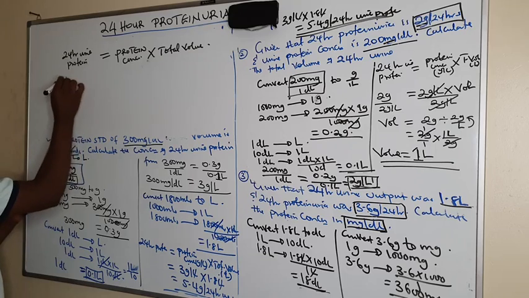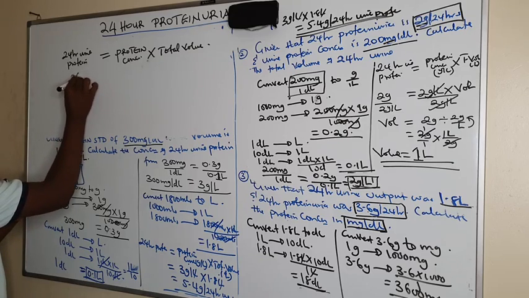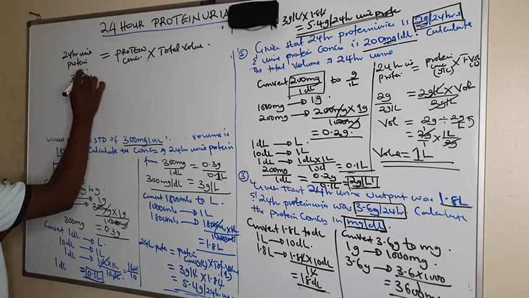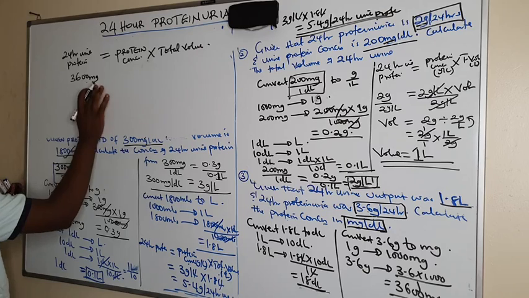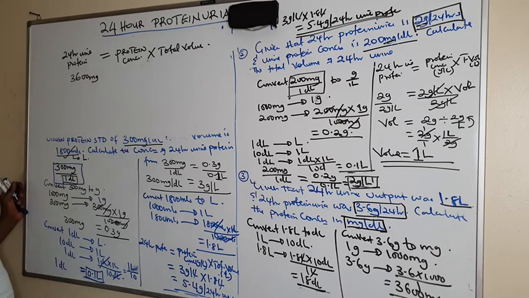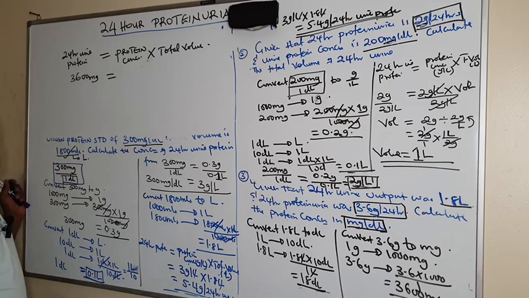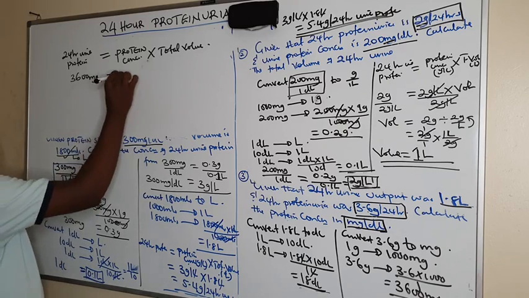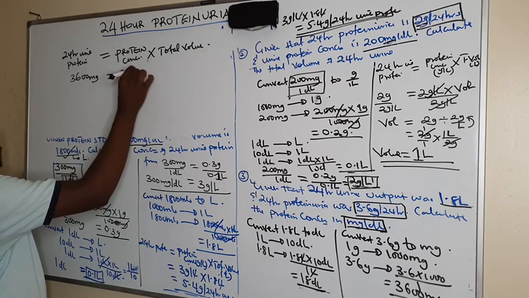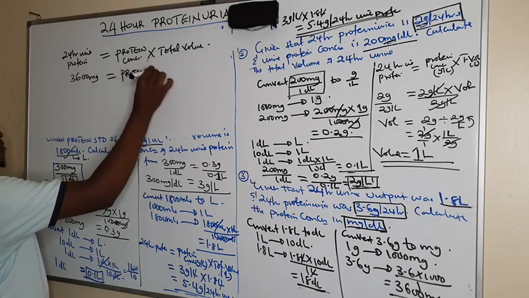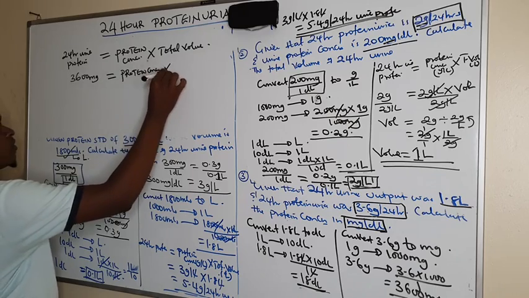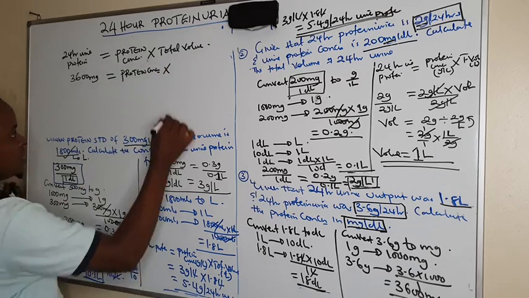The 24-hour urine proteinuria is 3,600 milligrams, equal to protein concentration, which we want, times volume, and volume is 18 deciliters.